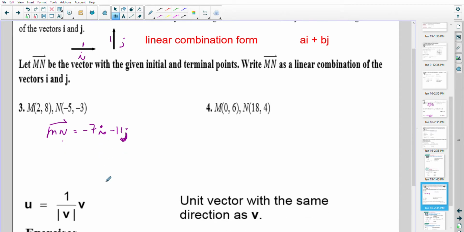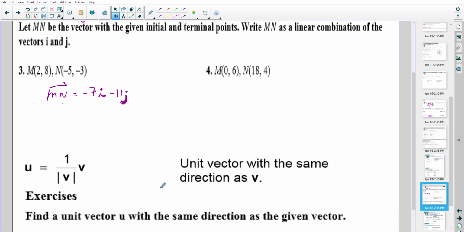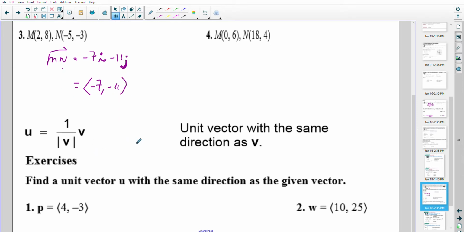You could do the same thing with component form. Component form, very quickly, would look like this. Now, there is something called a unit vector, and a unit vector has the length of 1.